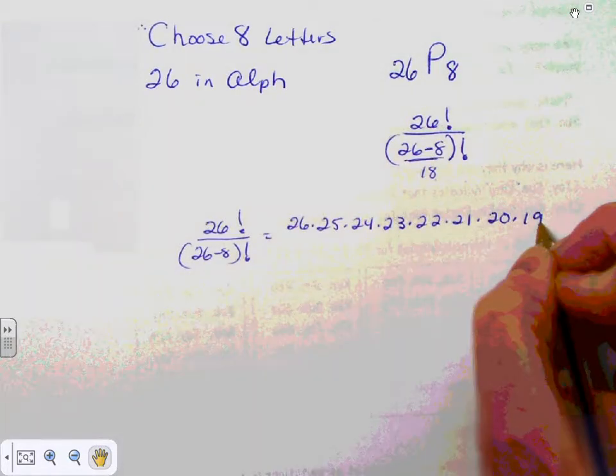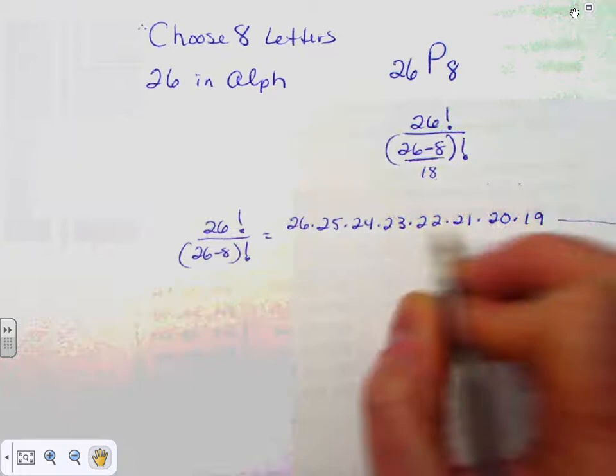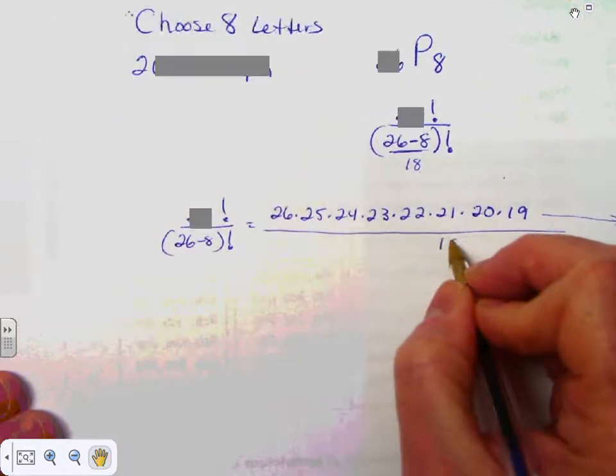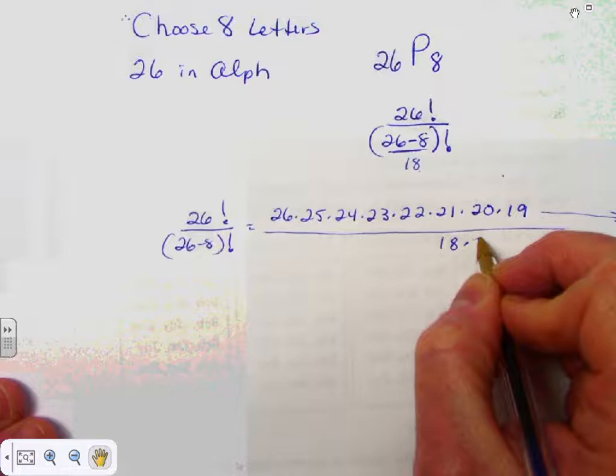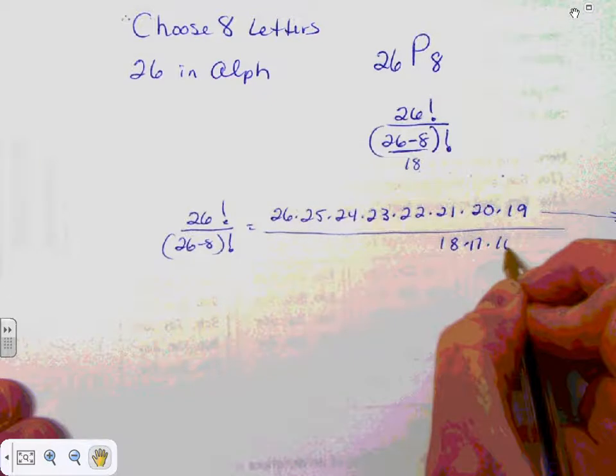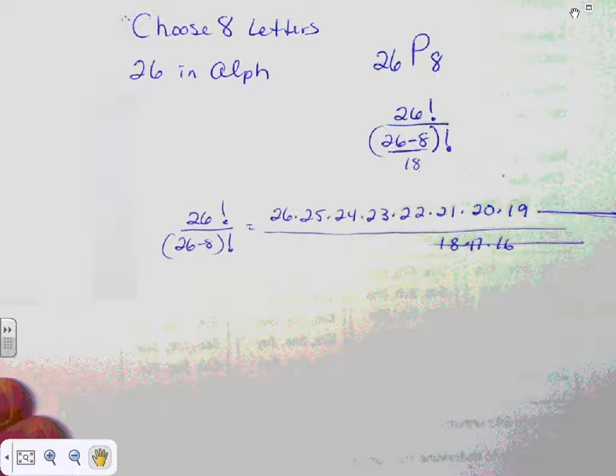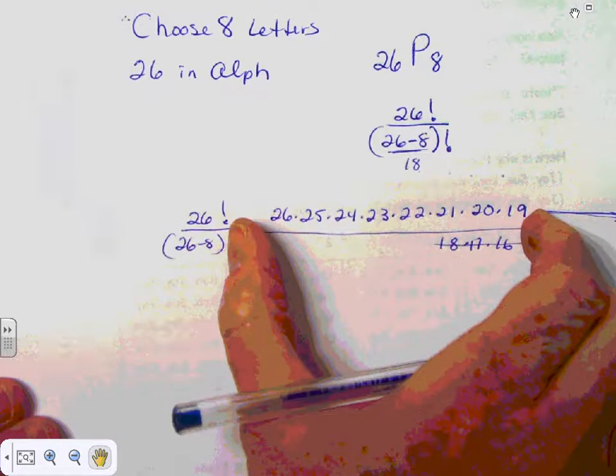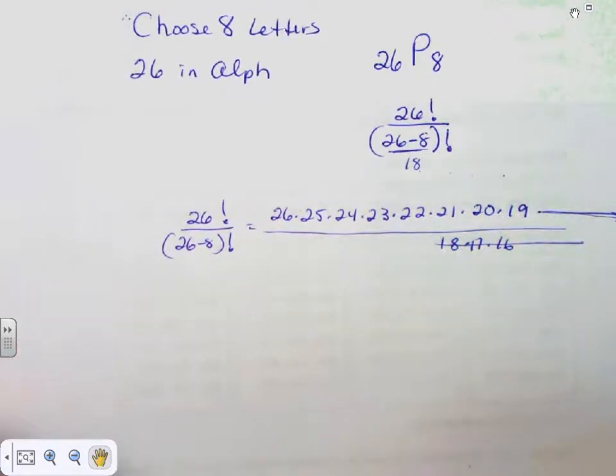Do I have to do 18 on down? No, because on the bottom, I'm starting with the number 18, 17, 16. So that's all going to cancel each other out, right? So all I have to do now is this part. Does that make sense? Okay. It wouldn't have made sense in the beginning, so you're getting there.